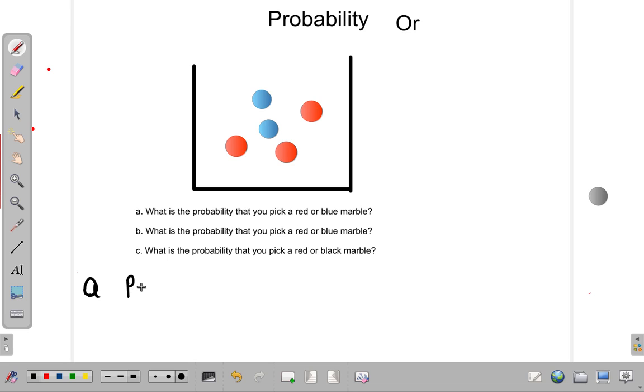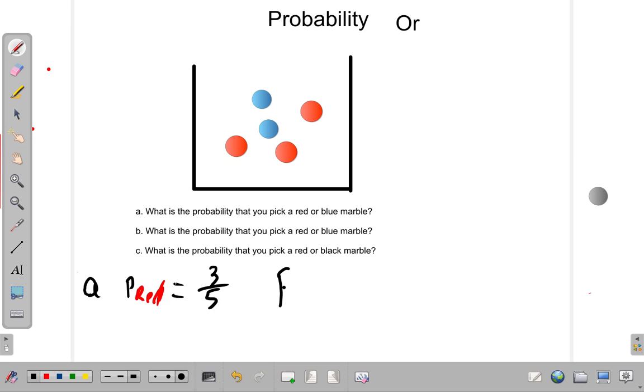Now, probability that it is red. Let me write the red in red. The probability that it is red is equal to, you will see 3 reds there. 3 divided by total of 5 is 3/5.